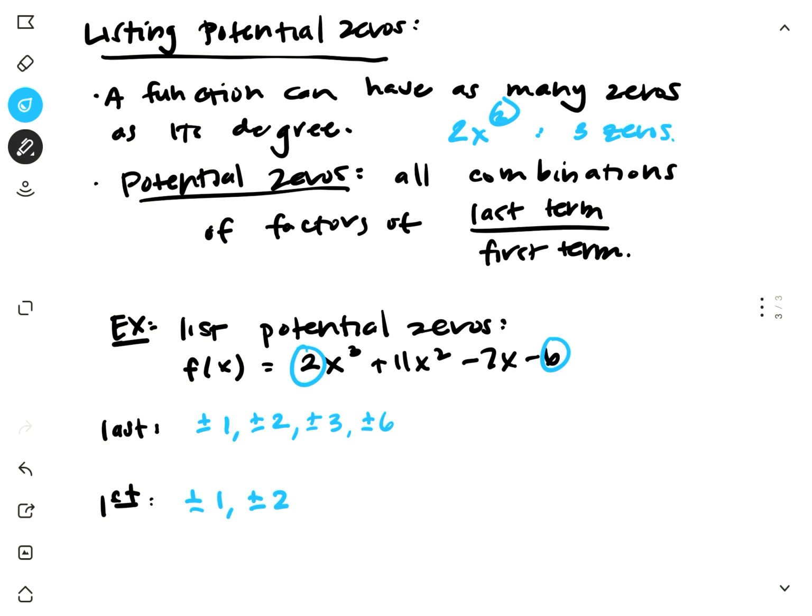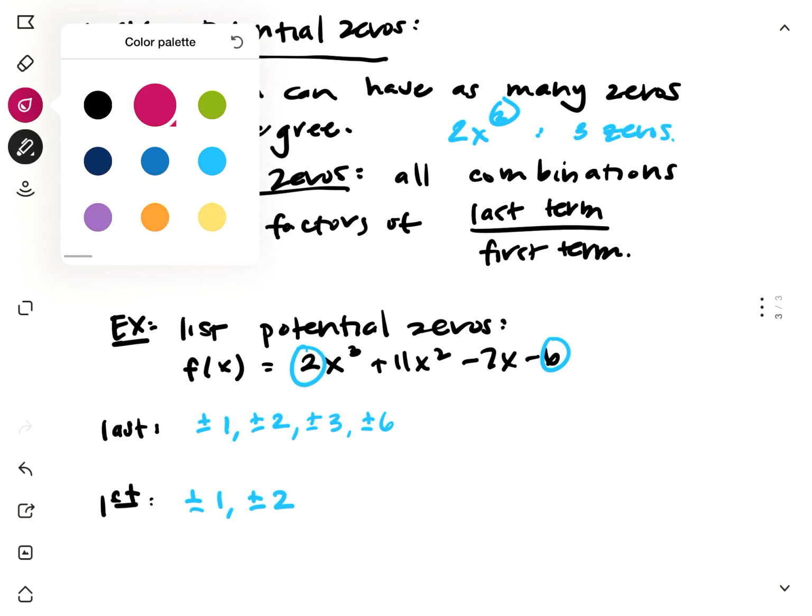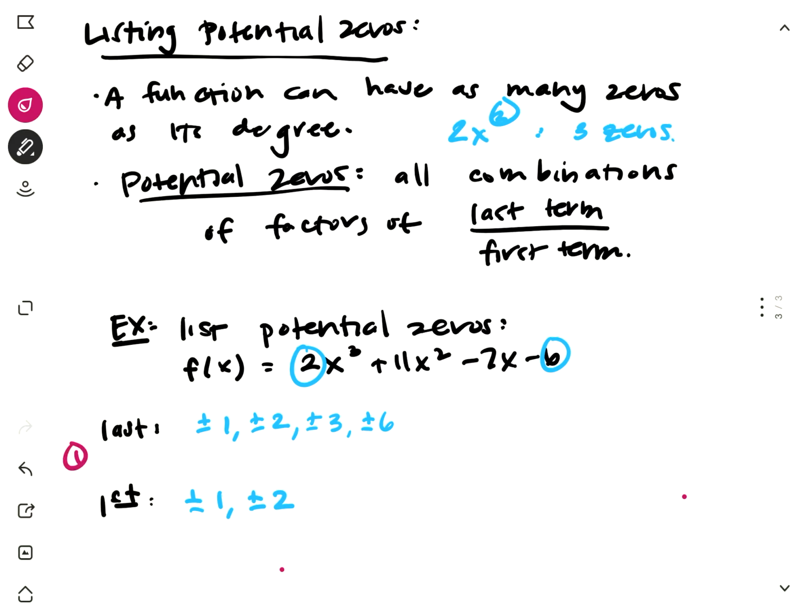Now that we listed it, so right, the first step was, okay, we're going to list all the possible factors. So step 1, list factors. Okay, and then we're going to do all the combinations here. So step 2, we're going to do all the combinations. So let's start, notice it's the last term over the first term. So we could have positive and negative 1 divided by 1, which is 1.